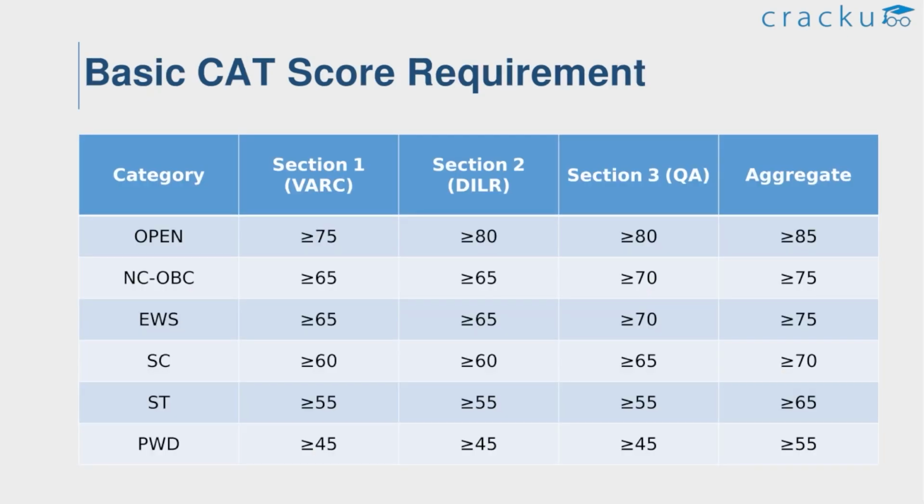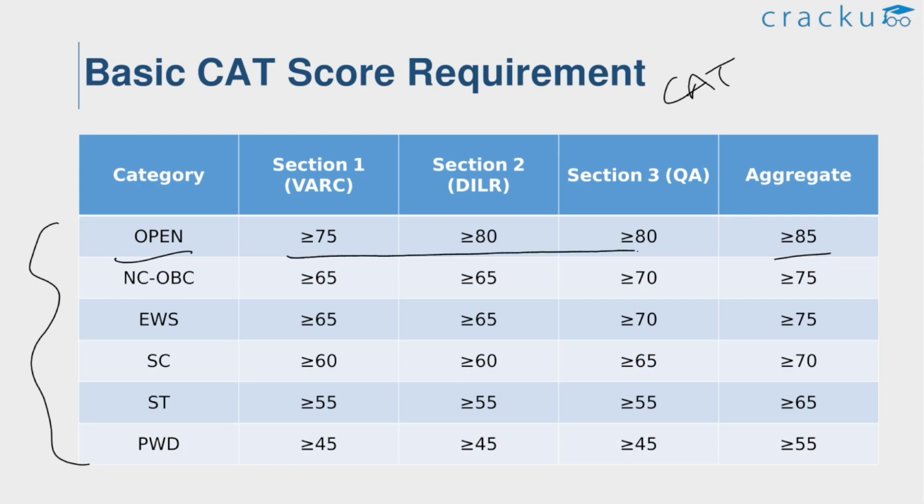The first step towards getting admission into IIM Calcutta is taking the Common Admission Test, CAT exam. Here are the basic CAT score requirements for different categories. For open category, the aggregate percentile is greater than or equal to 85 percentile. So these are the sectional wise CAT score requirements. For non-creamy layer OBC category, the aggregate percentile is greater than or equal to 75.